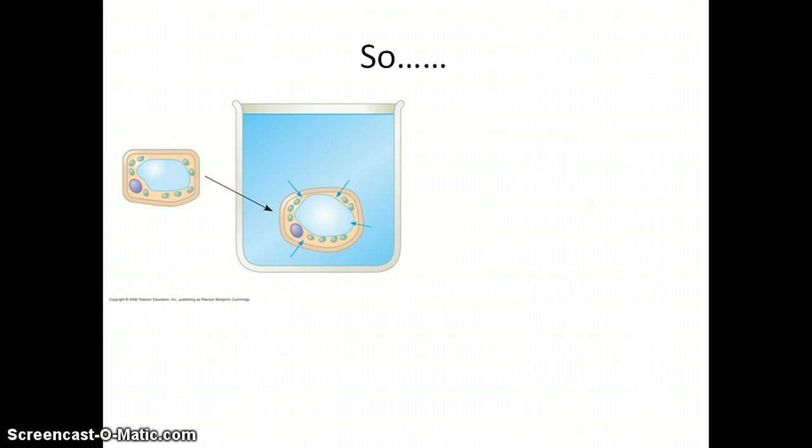All right, so what does this all mean? Here I've got a picture of a cell that is in a beaker. It's a very big cell if we were thinking about scale. And it's in distilled water, so it's in pure water. Because it's in pure water, it has a solute potential of 0.